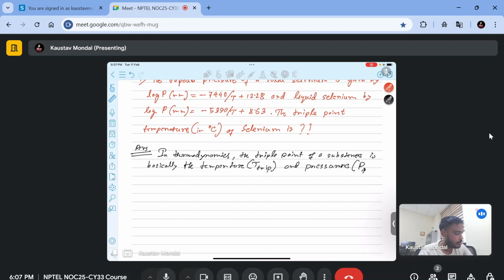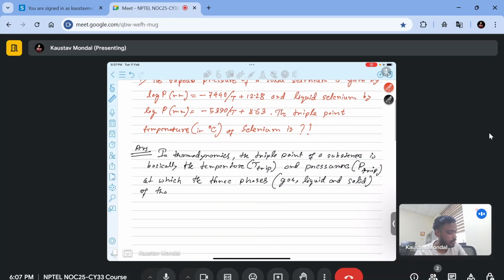So P trip, at which the three phases, gas, liquid and solid, of that substance coexist in thermodynamic equilibrium.